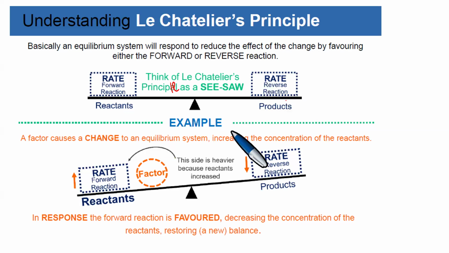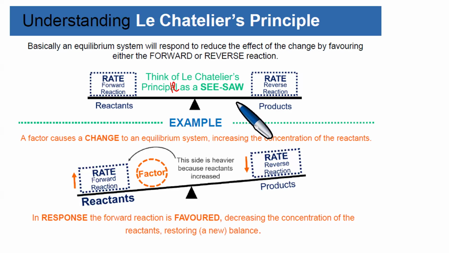We have the reactants here and the products. For example, when the rate of the forward reaction and the rate of the reverse reaction are equal, where you have the reactants and the products, there is a balance. So the seesaw is balanced.